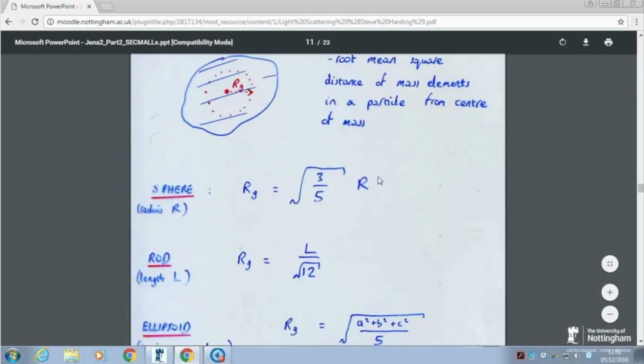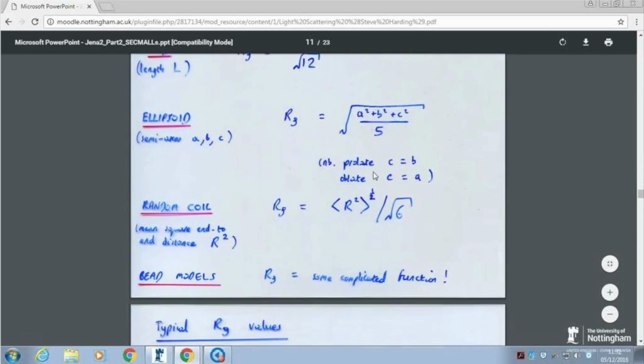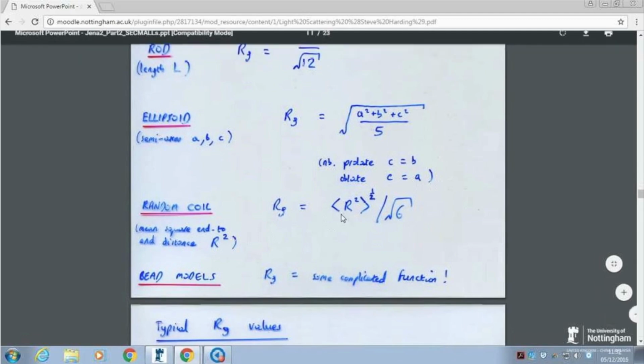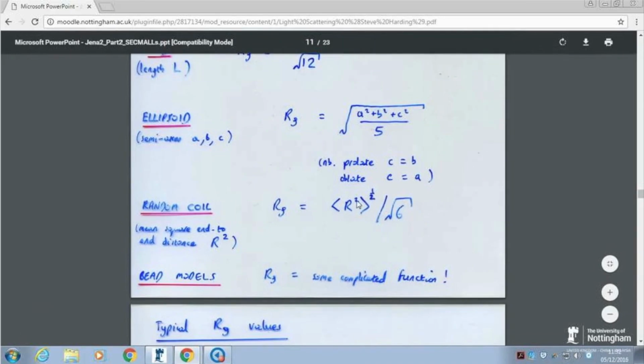Just take the square root of r squared, that's just r. And if prolate, c equals b, and oblate, c equals a. Random coils, so pullulans, dextrans, all these sort of things, it's the root mean square end-to-end distance of the molecule divided by the square root of 6.